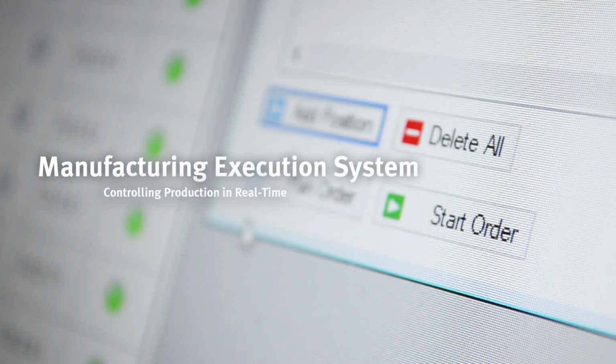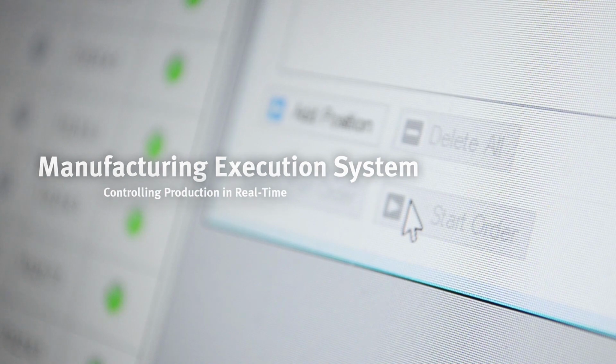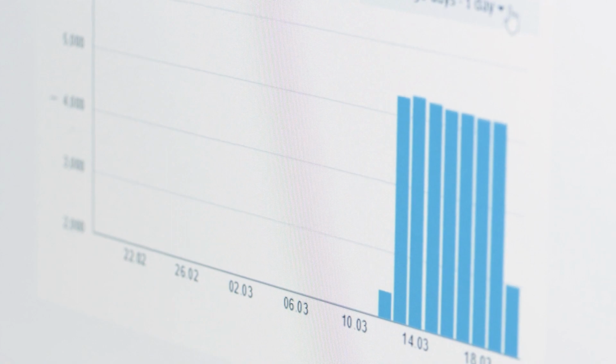The enormous rise in the quantity of data and the complexity of networking a plant requires developing systems that make the flow of data easy to handle. MES is what we call a manufacturing execution system, and it is the heart of Industry 4.0.